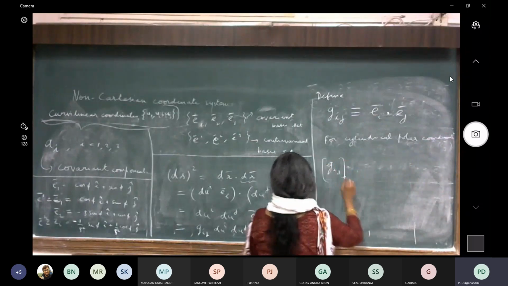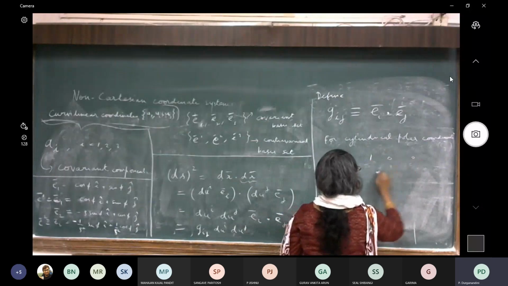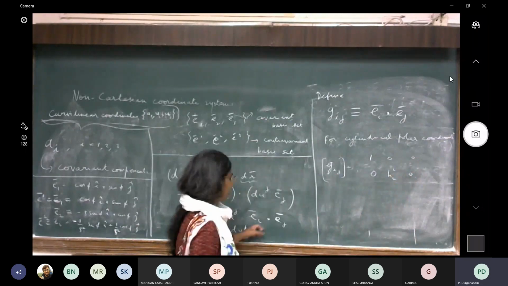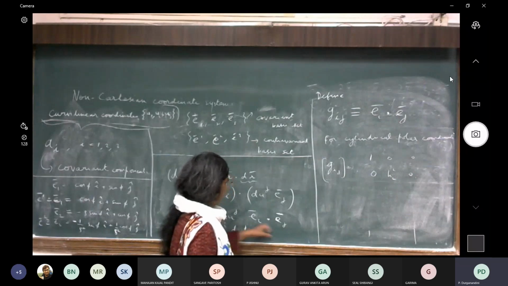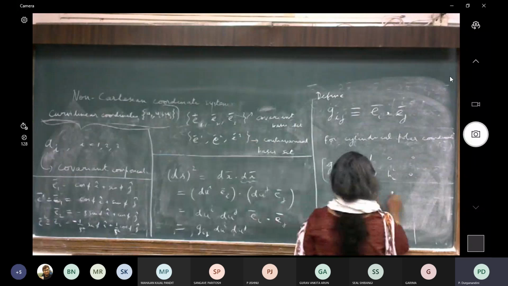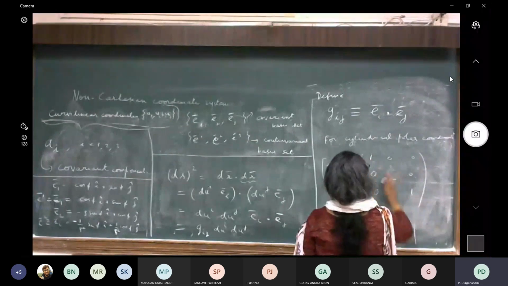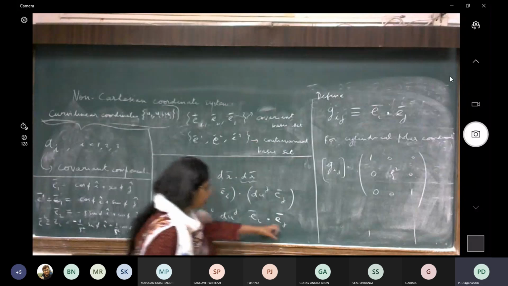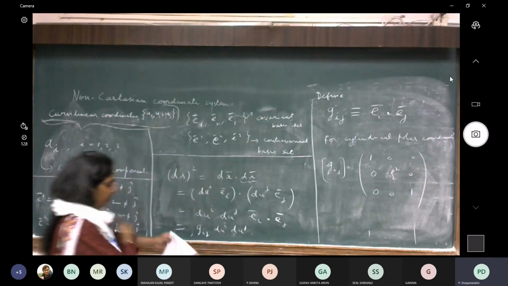If I look at the matrix, this will become 1, 0, 0, 0, h2 square, 0, 0, because this was my e_i dot e_j, I called it h2 square. And this is nothing but e2 dot e2 for our cylindrical polar coordinate system.